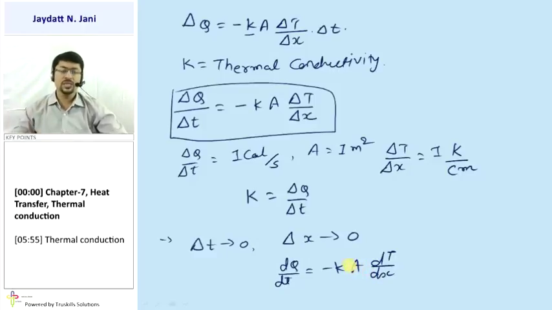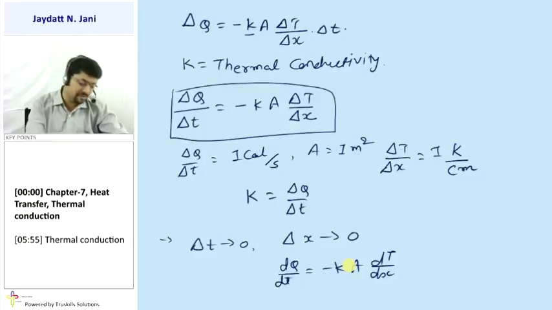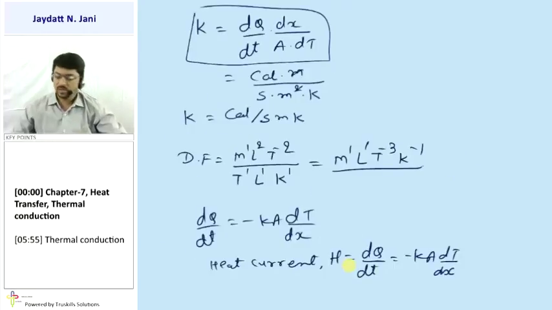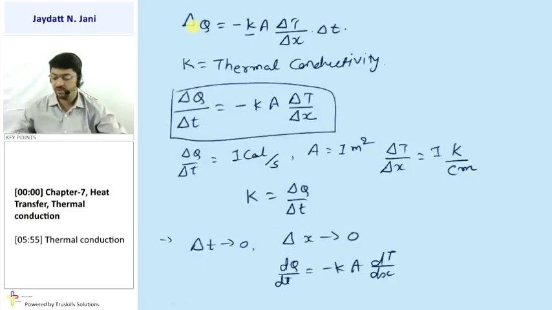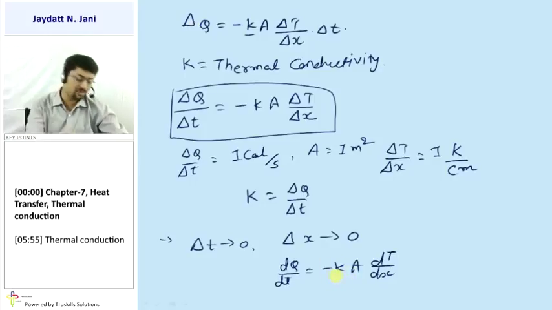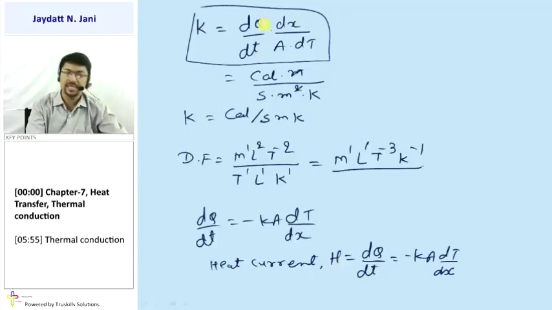If I make K the subject, K is equal to dQ by dt times dx over A dT.